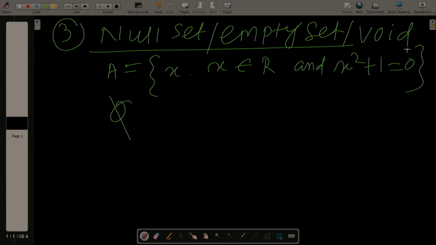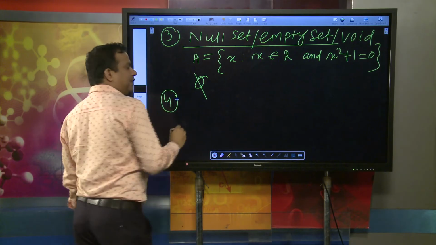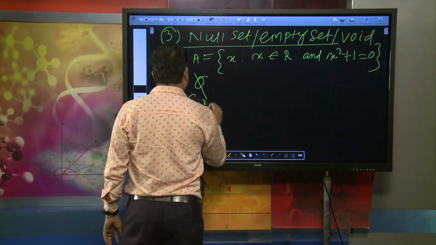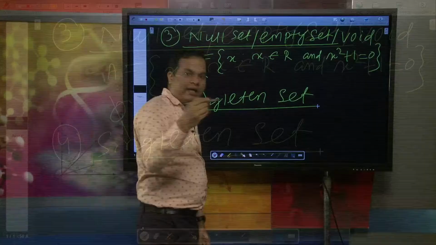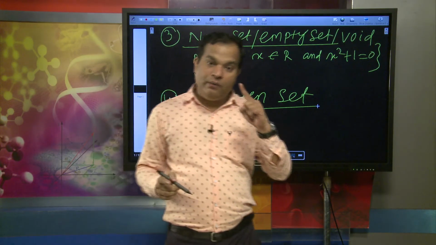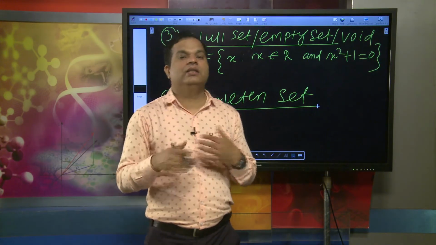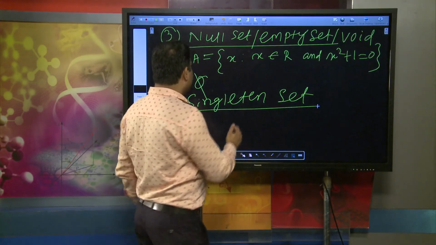Now the fourth category of set is the singleton set. Singleton set means if there is only one element in a set, then we say this is a singleton set.